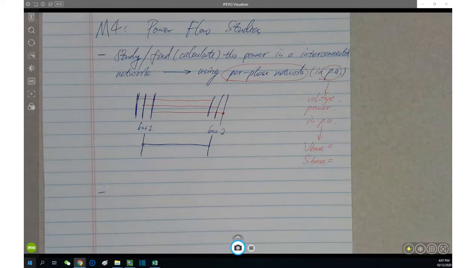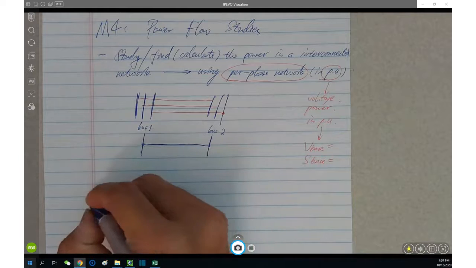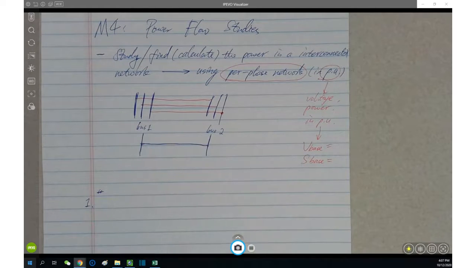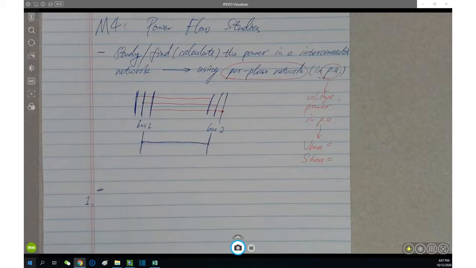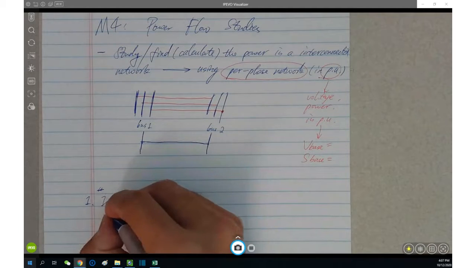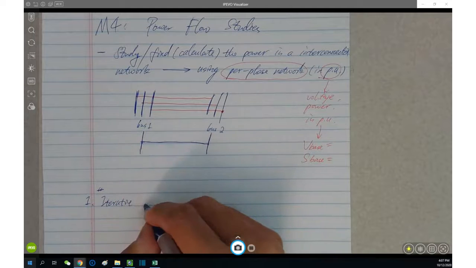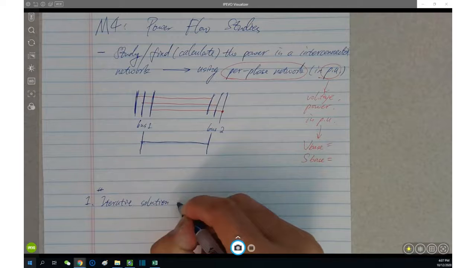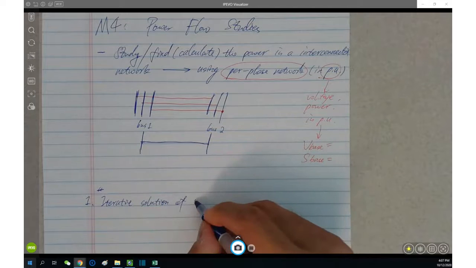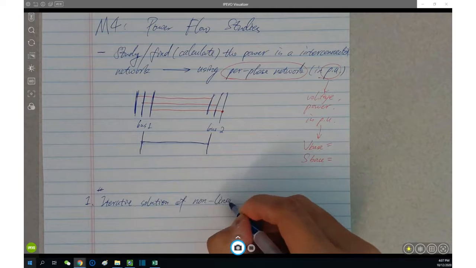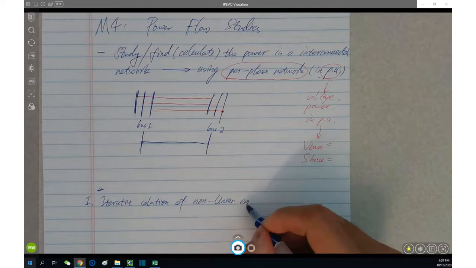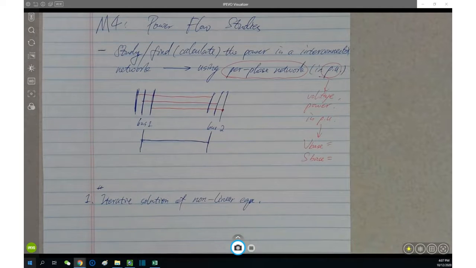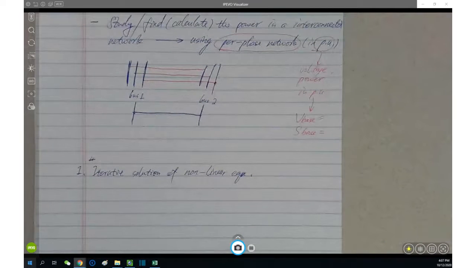This is what this module is about. The first thing we learn from this module is not the power yet, but the iterative solution of nonlinear equations. It's mathematics, the first thing we're learning.